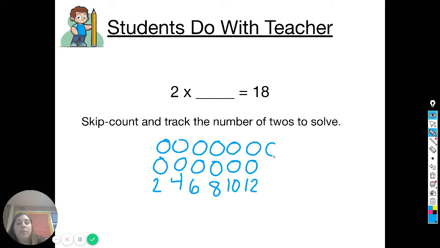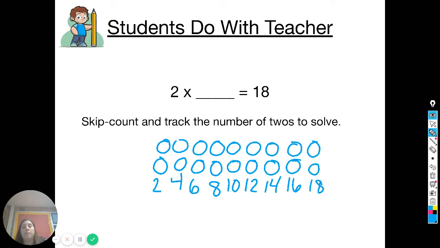Watch my example if you're having a hard time getting your array drawn. I'll give you just a minute to finish up on your array.